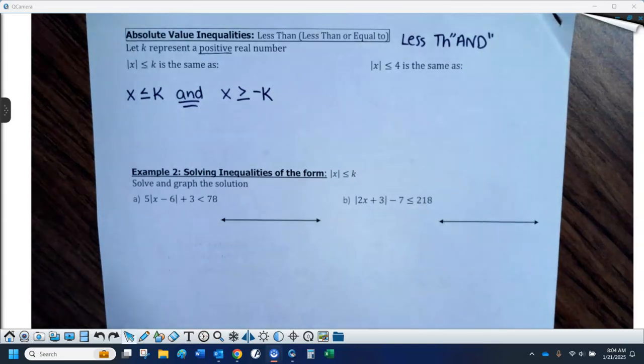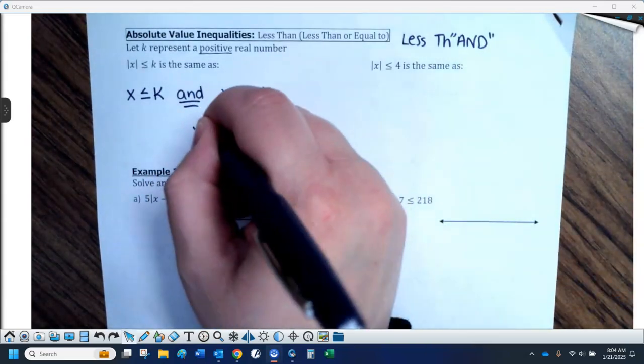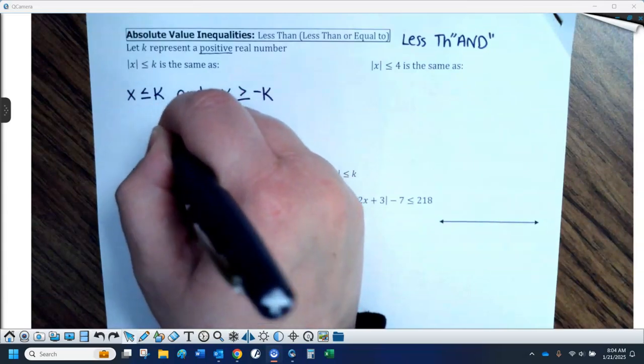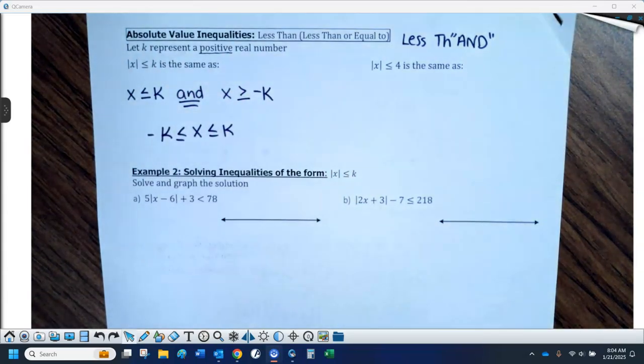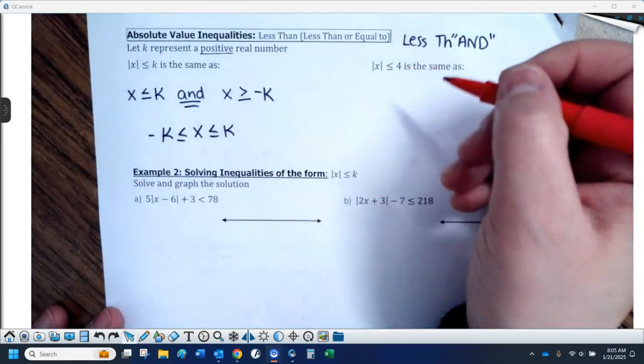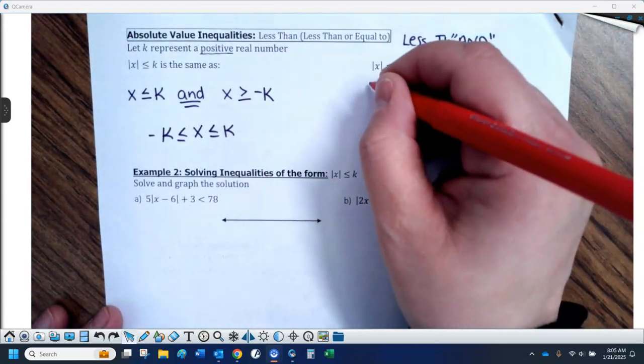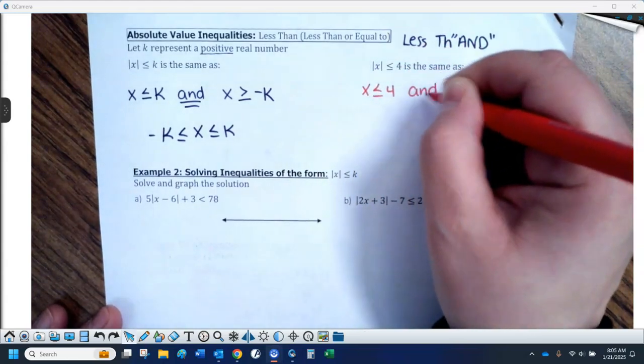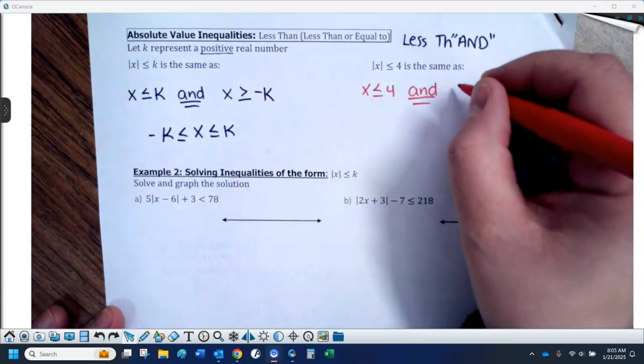There is another way to write this. You can put X in between the number and its opposite. And if you want to do it that way, you can. It might be easier to remember the definition to just drop it and flip the sign, flip the number. So I'll show you both. So X is less than or equal to 4 here. All right, so this would mean X is less than or equal to 4, and meaning I have to satisfy both of these inequalities.